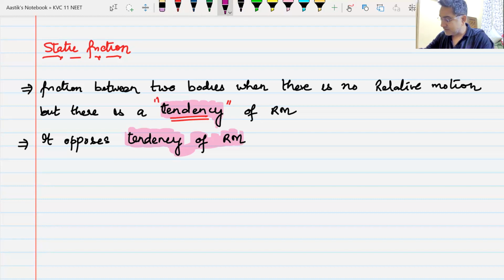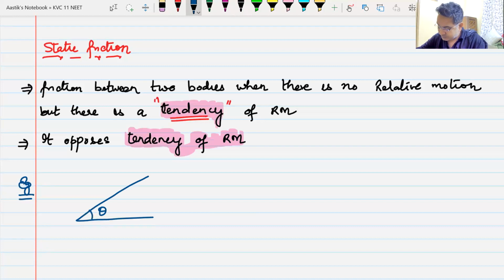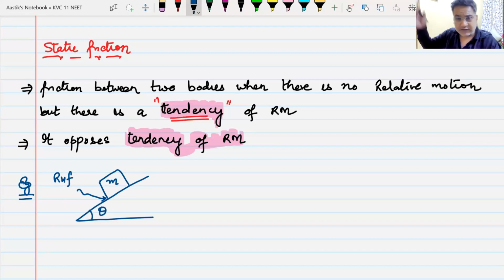So you can understand it with the help of a small example. Suppose you have an inclined plane, inclined at an angle of theta, and a body of mass m is kept. This plane is rough. It's not smooth, it is rough. But not every time you keep something on an inclined plane, everything will slide down.